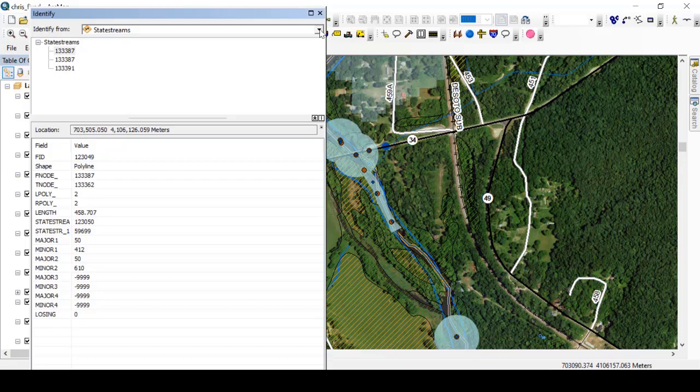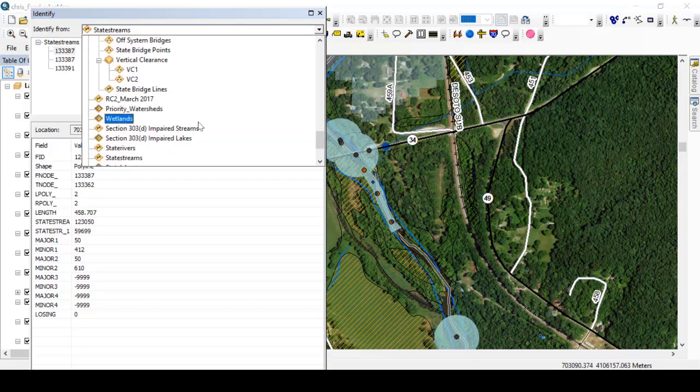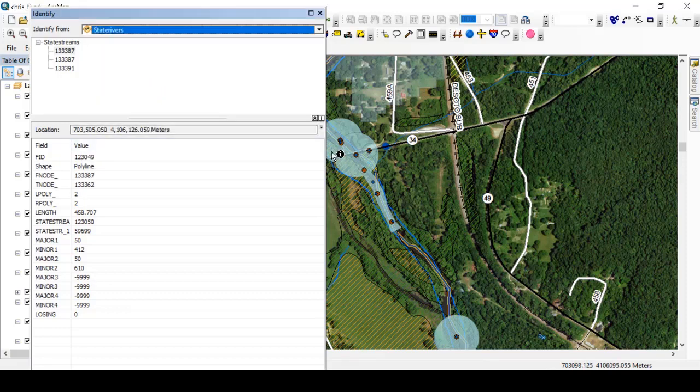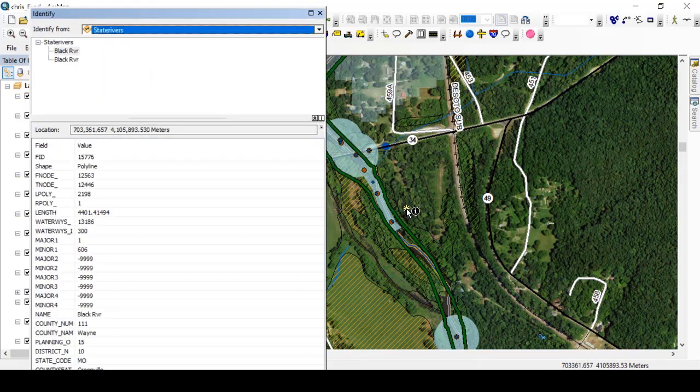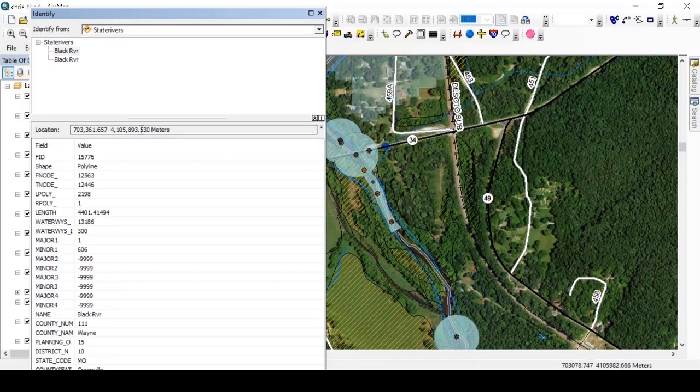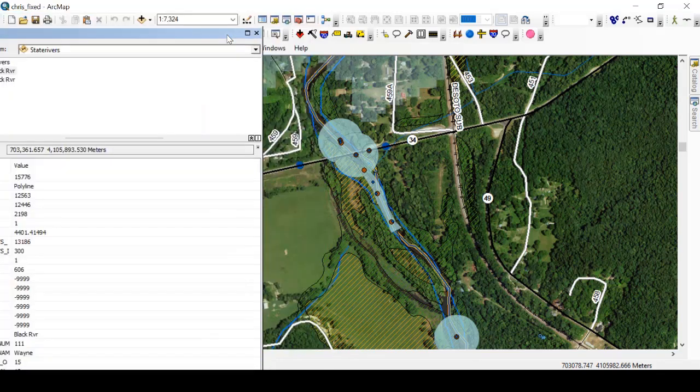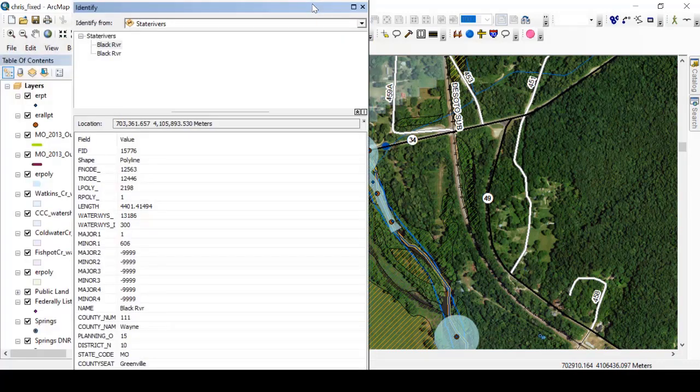And the streams layer doesn't show you what the names are. However, the state rivers will let you know that these are streams entering the Black River. And the Black River is the one that we're concerned with. That is where our bridge crossing is.